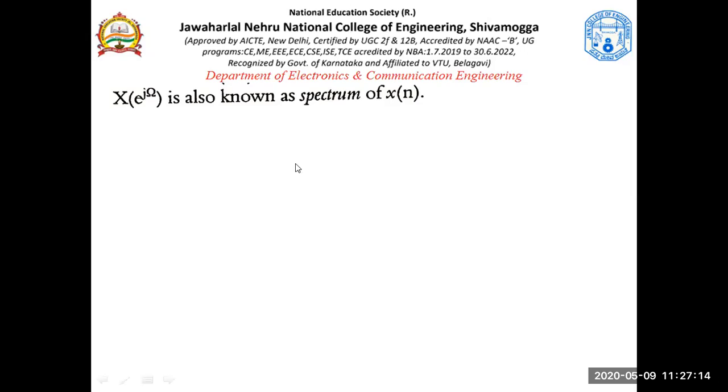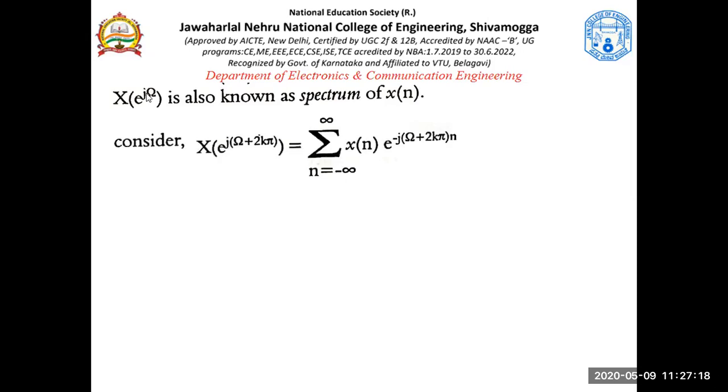Okay, now let's see how this e^jω behaves if we add 2kπ to this frequency. Understand how it is going to behave? The spectrum, how it is going to behave if we do this operation on it, is what we are trying to look at.